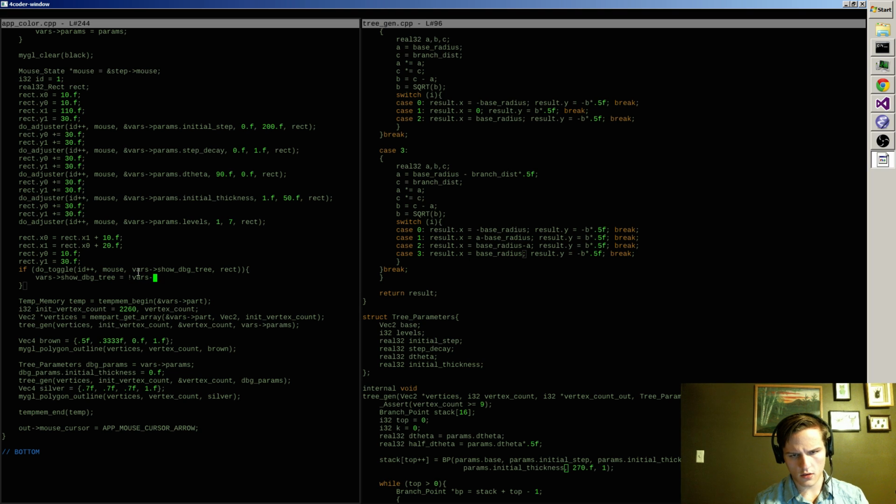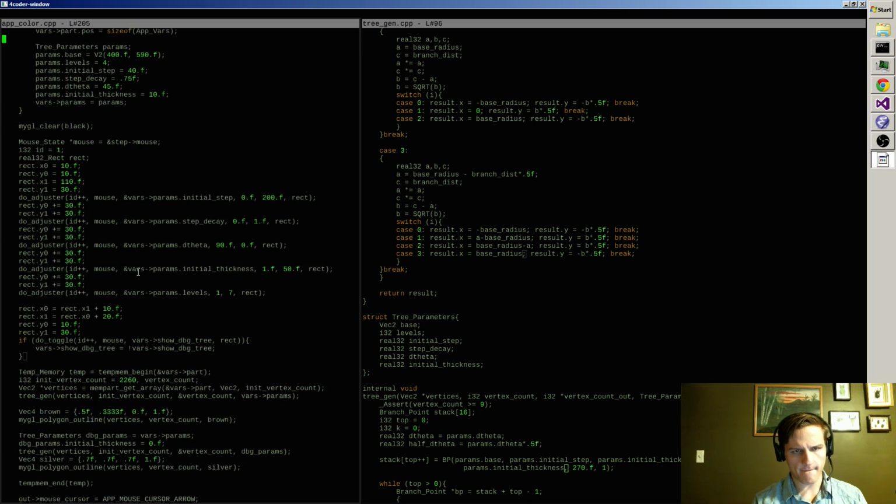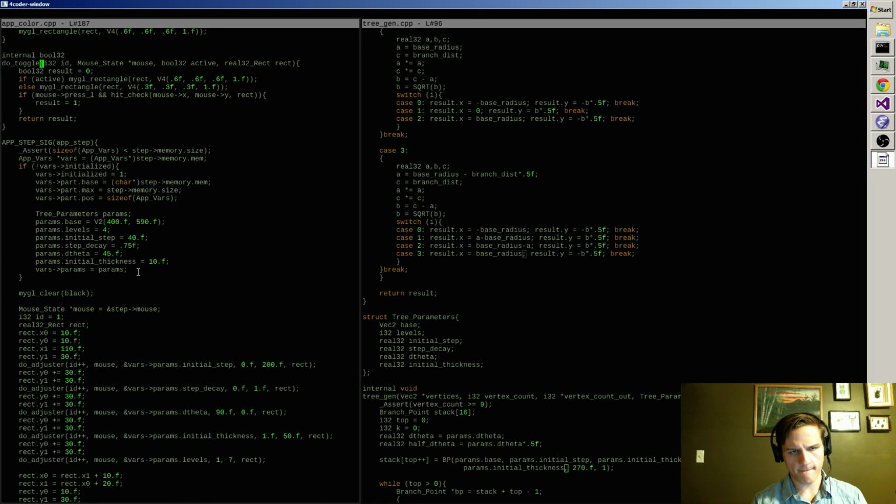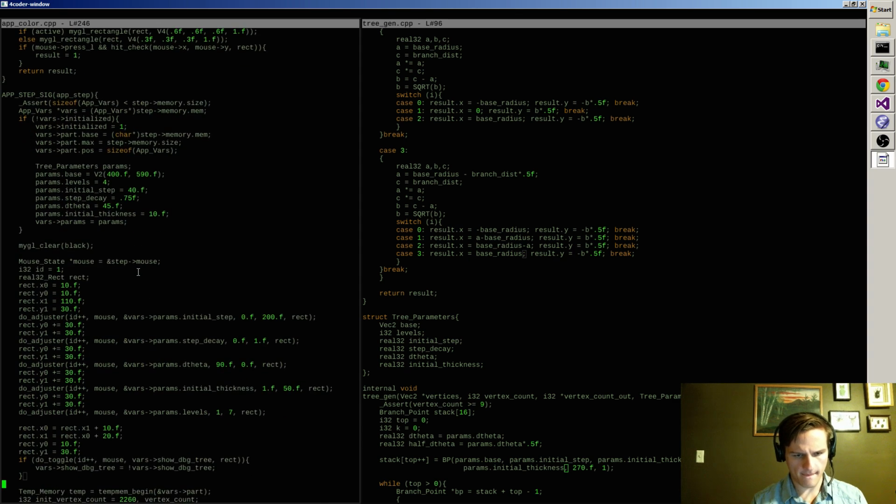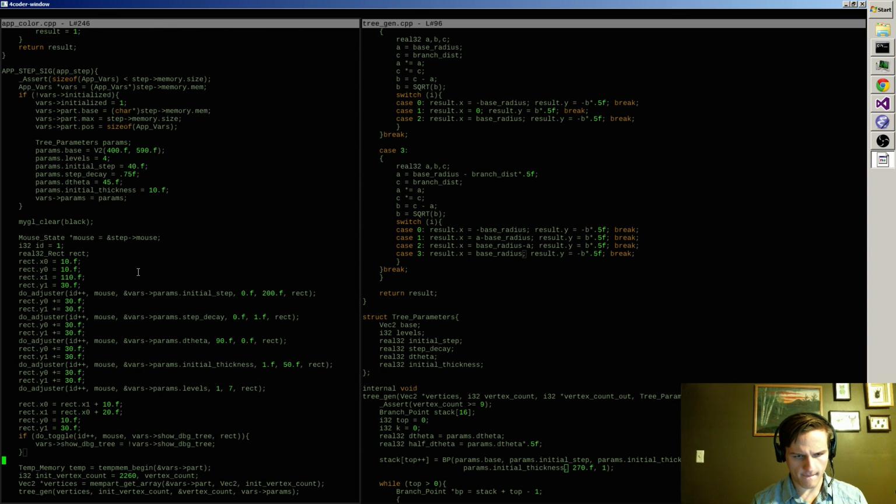Who's not? Show debug tree. It's more like a button though. Wait, that should say adjuster. What am I doing? Let's go down here.